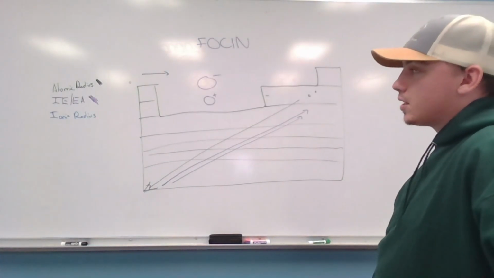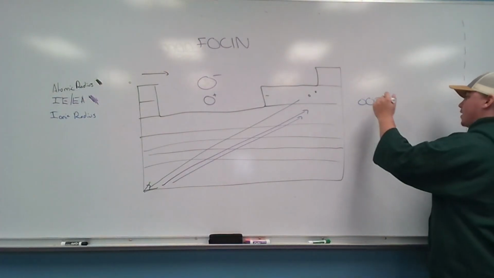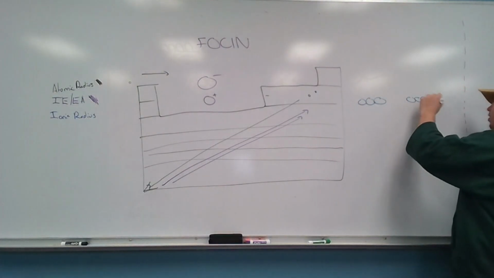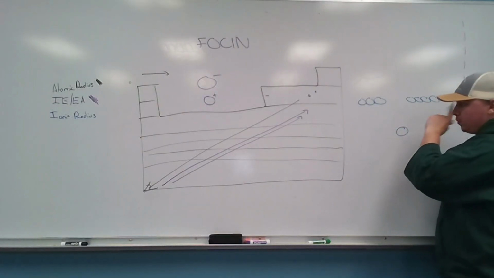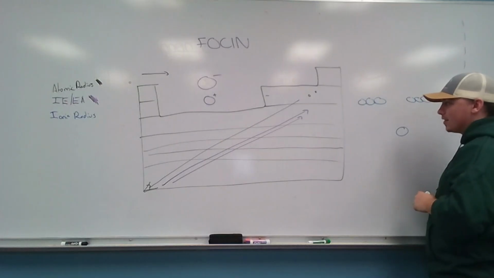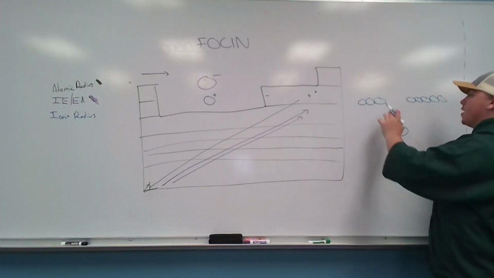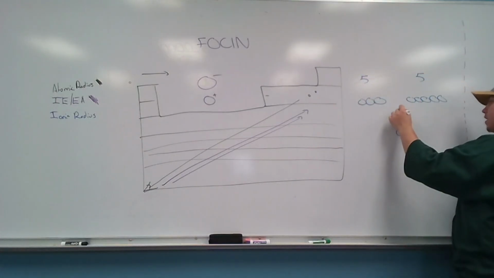So they all have the same electrons, and you compare it like a graph. Let's say these are the protons, and we all have 5 electrons. Which one is going to hold itself together stronger?